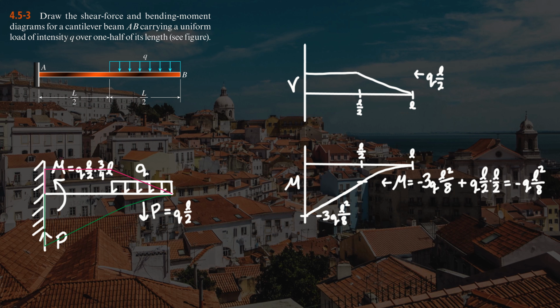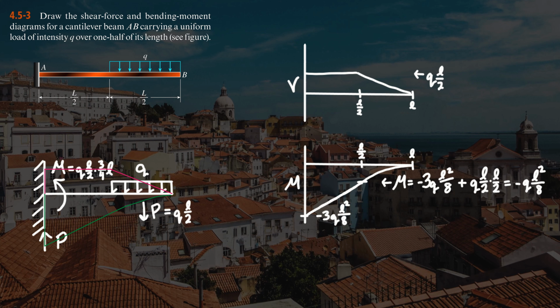The magnitude of our moment would have been negative 3Q times L halves over 8 plus Q L halves X. And that would have given us our moment magnitude from the point 0 to L halves. And then we could do the same thing for L halves to L, where we have what we have right here.